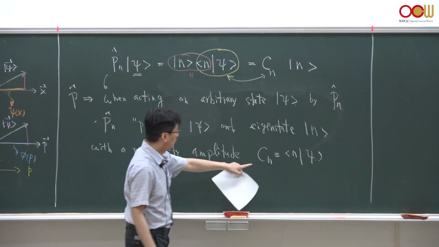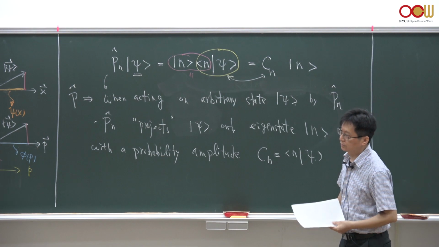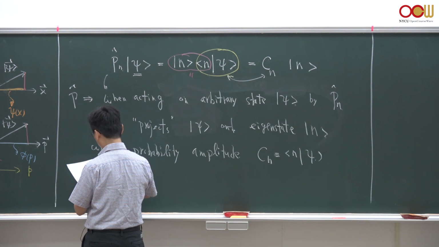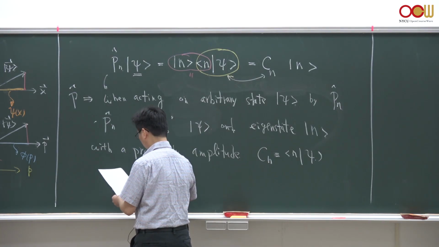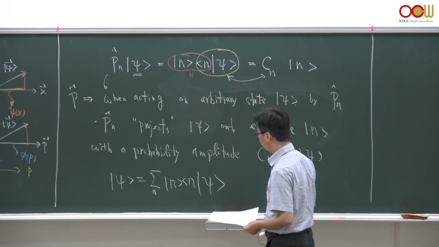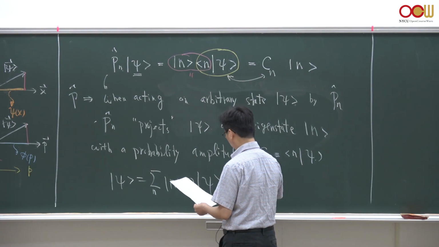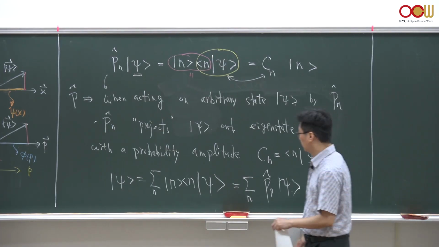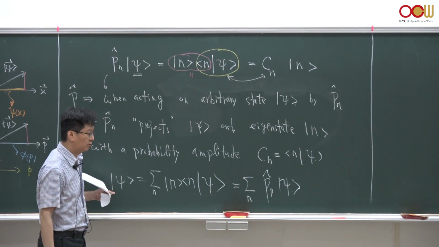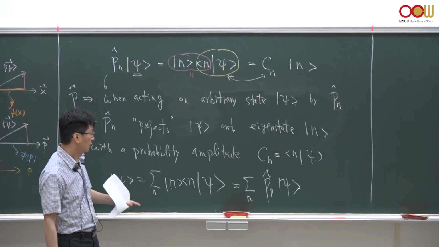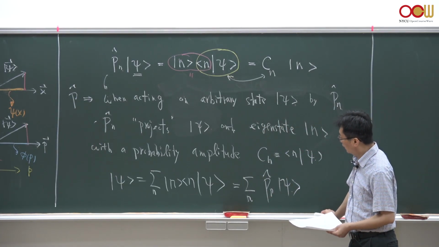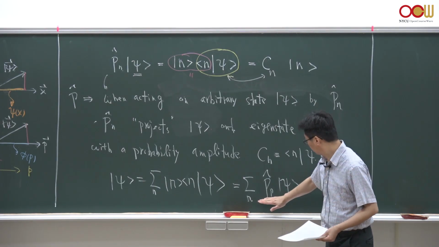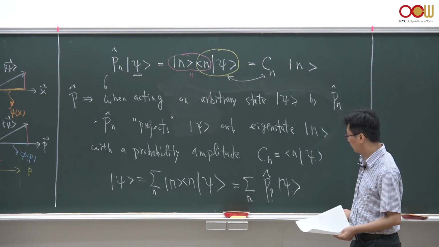Right? So you notice that this is nothing but this coefficient in your expansion theorem, because in your expansion theorem it is given by this. Okay, but what is this? Well, this is nothing but this kind of projection operation. So you could project your arbitrary Dirac state onto the particular eigenstate with some probability amplitude, and this is precisely the definition of this projection operator.